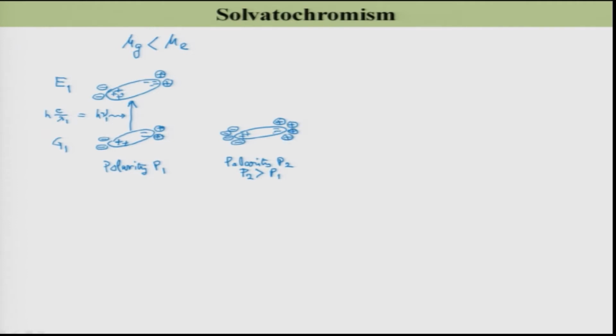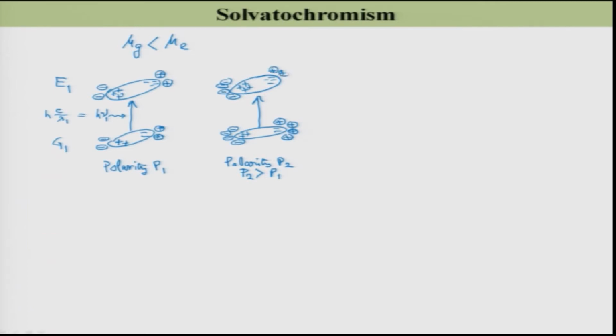Then again I am going to excite this molecule from the ground state to the excited state, where the excited state dipole moment is more than the ground state dipole moment. But as the excitation is instantaneous, I am not going to have a different solvent structure around this molecule.